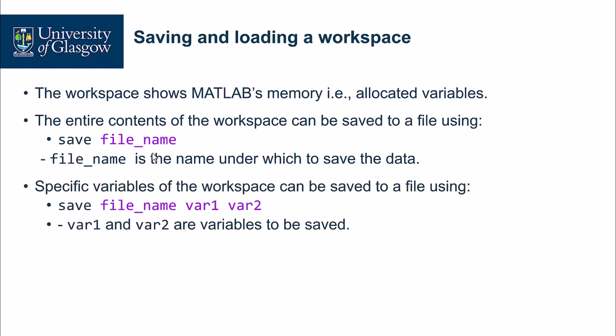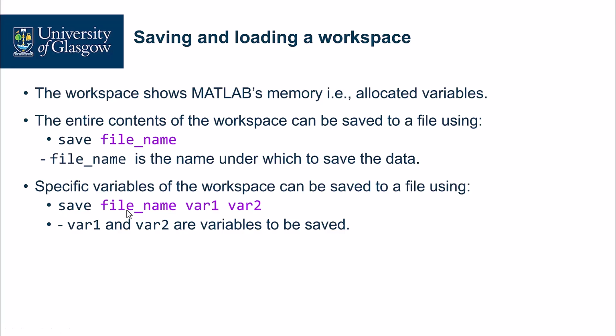If you want to save some specific variables, for example, there are maybe 10 variables in the workspace, and I only want to save var1 and var2, then you can use a command like this: save file name var1 var2. In this case, only var1 and var2 will be saved in this file, while other variables will not.